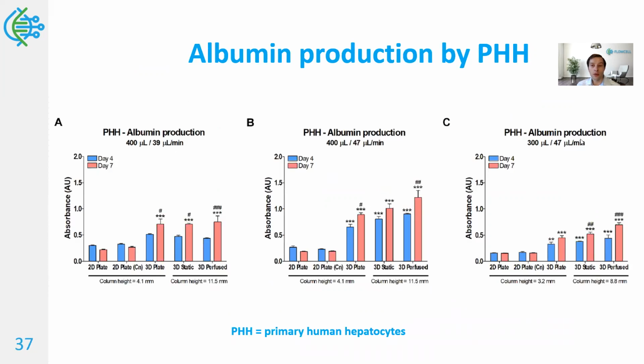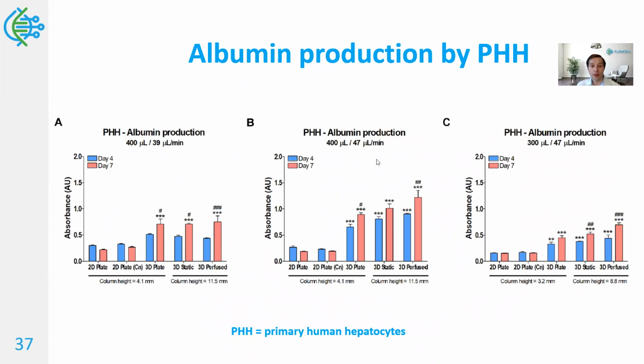Another metric of activity of primary human hepatocytes is production of albumin, which is the most common protein in serum. So here you can see that going from 2D to 3D is beneficial. There is a little bit of improvement on perfusion, but it depends on flow rate.